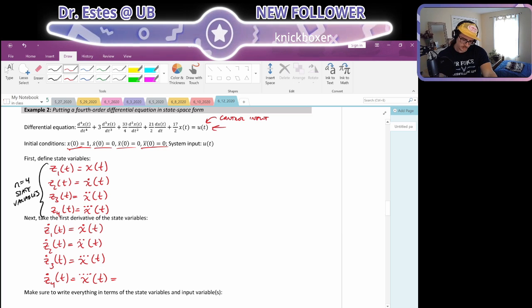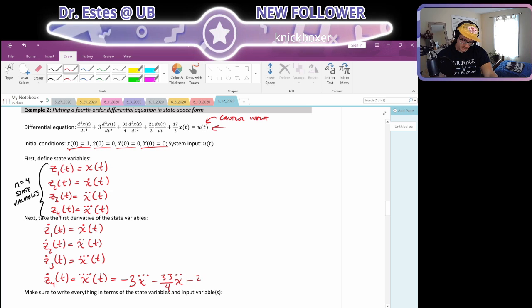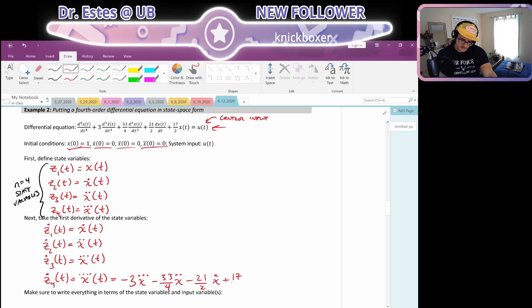So x quadruple dot is minus 3 x triple dot minus 33 over 4 x double dot minus 21 over 2 x dot plus 17 over 2 x.